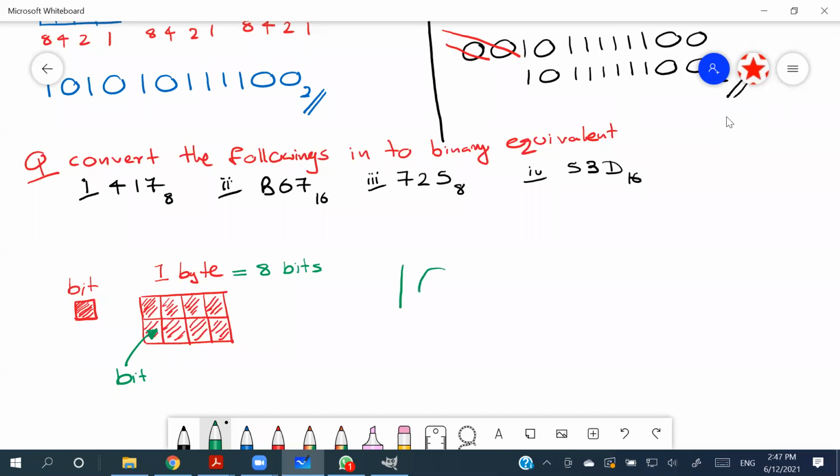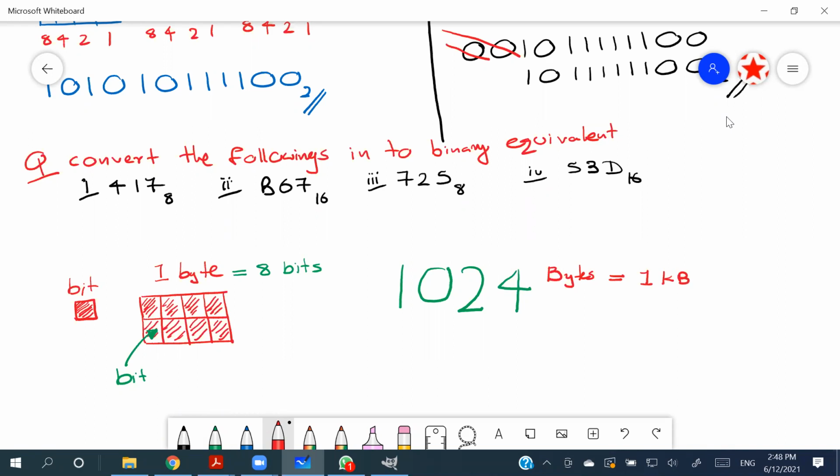I'm writing 1024 a little bit bigger. 1024 bytes equals 1 kilobyte.